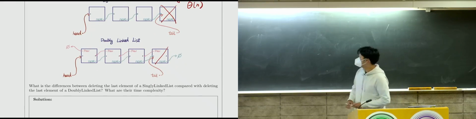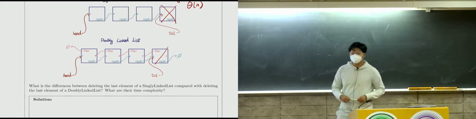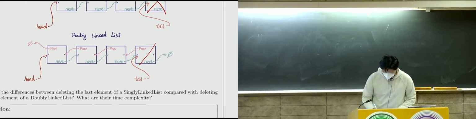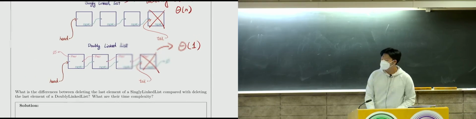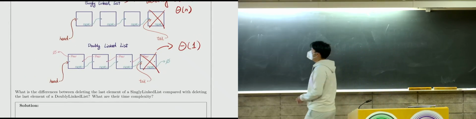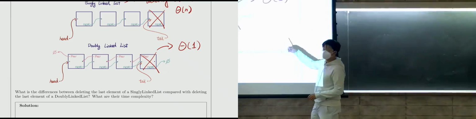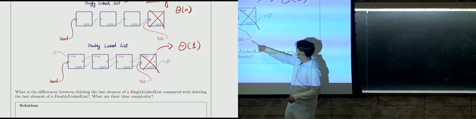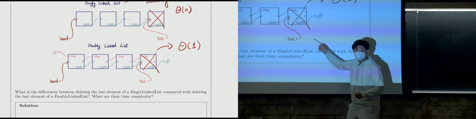And what about the doubly linked list? O(1). Why? Yeah, the doubly linked list only takes O(1) because I have the tail, and I know the previous one, right?